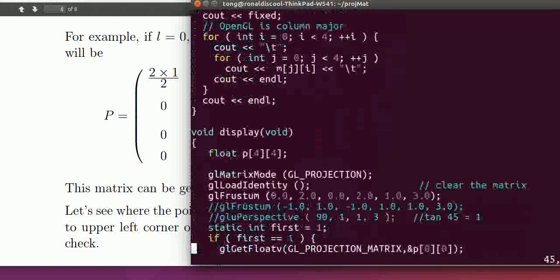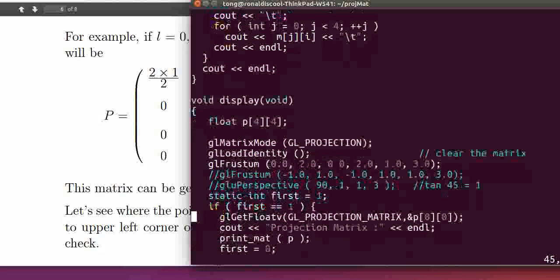We set the matrix mode to GL_PROJECTION, and then load the transformation matrix to be identity, and then we execute glFrustum 0, 2, 0, 2, 1, 3, the same as this one.